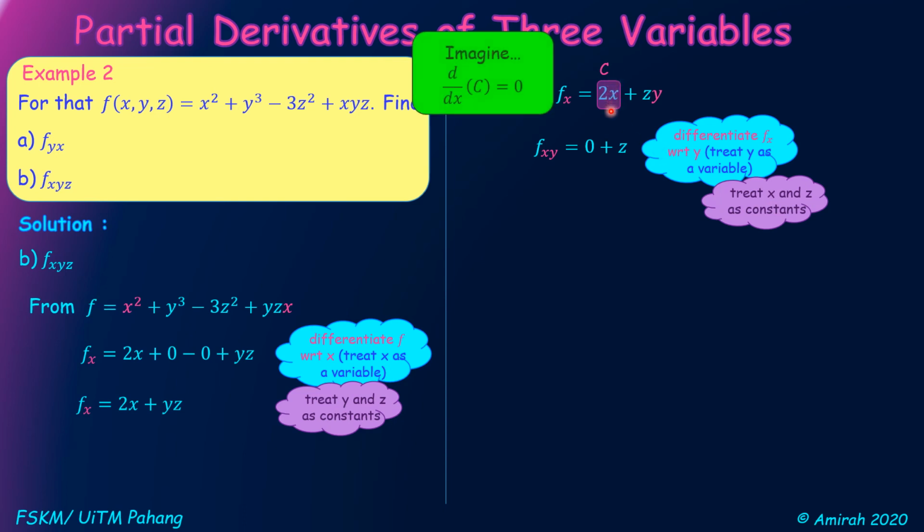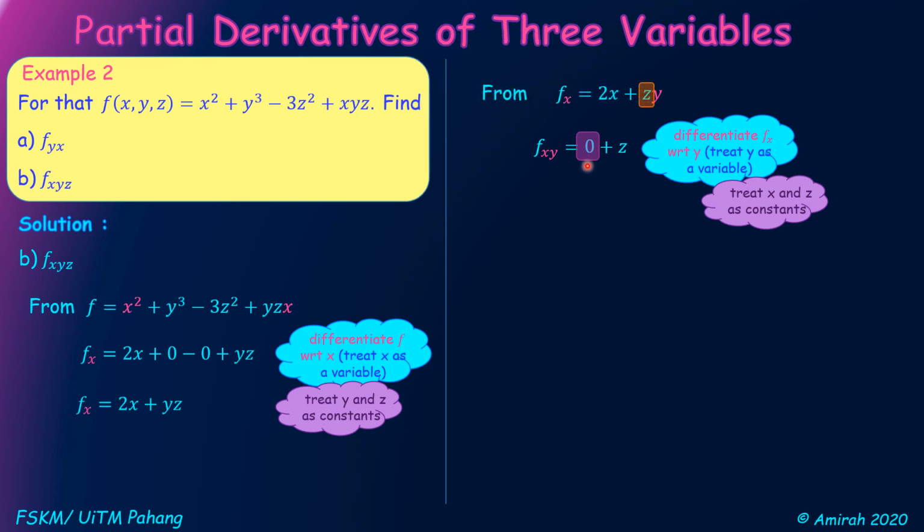When we differentiate any constant, the answer equals 0. So when we differentiate the constant here, the answer equals 0. After that, z here is a constant. So we just imagine we want to differentiate constant times y.